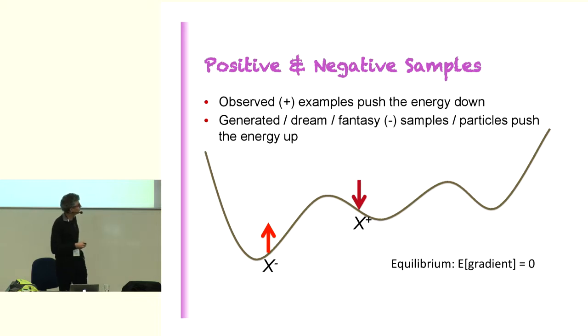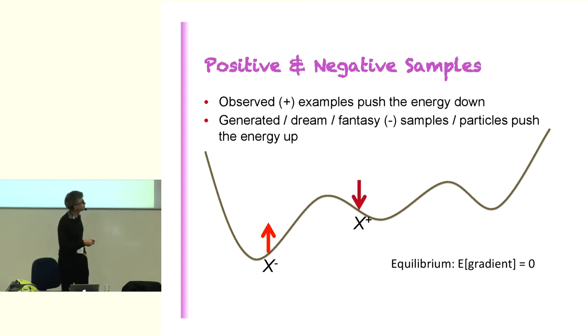Are we not going to unlearn the stuff that we're learning? Well, if you also have examples in this region, then the arrow going up and the arrow going down will cancel exactly, and it will stay there. But if somehow the model puts more probability in this region than the number of examples justifies, then this ball here will rise up, which is what we want, until there's an equilibrium between the forces pushing down on the energy and the forces pushing up on the energy.